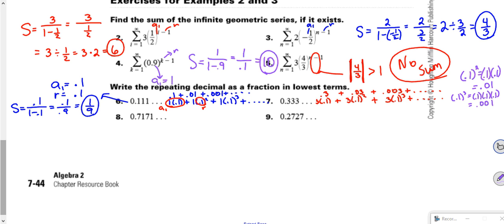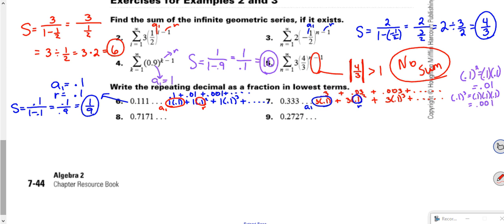Now, on number 7, if we use our formula, let me first point out this is my A1, and this again is my R. If you're just repeating a single digit, your R is always going to be 0.1. If you're repeating 2 digits, your R is always going to be 0.01. If you're repeating 3 digits, your R is going to be 0.001. You'll see some of those in 8 and 9 in just a minute.